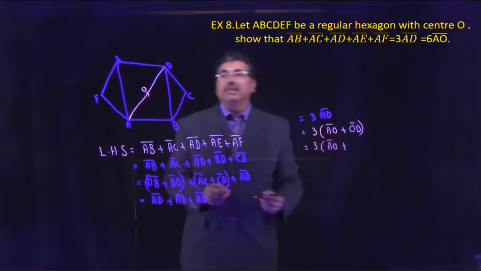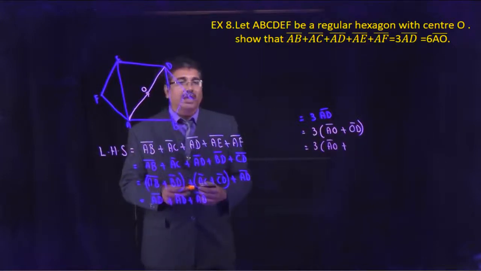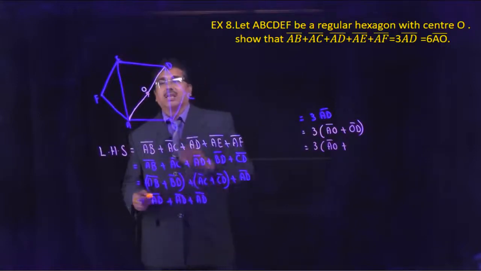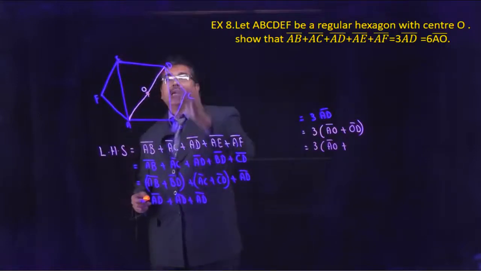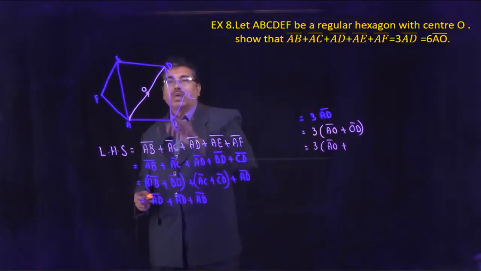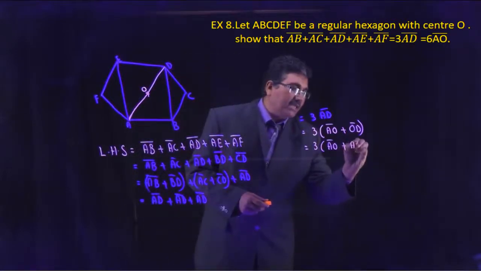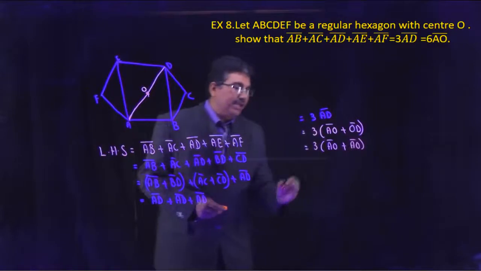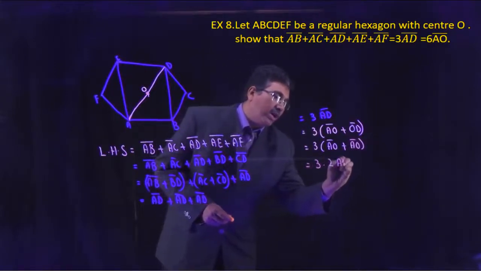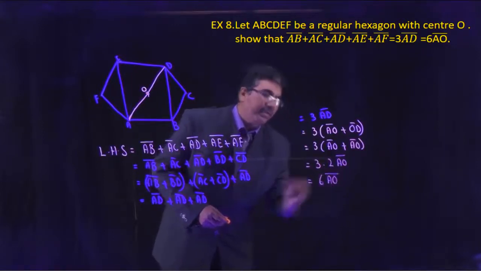Since O is the midpoint of AD, OD bar is the same as AO bar: direction is the same and magnitude is also the same. That is equal to 3 times 2 into AO bar, that is equal to 6 times AO bar.